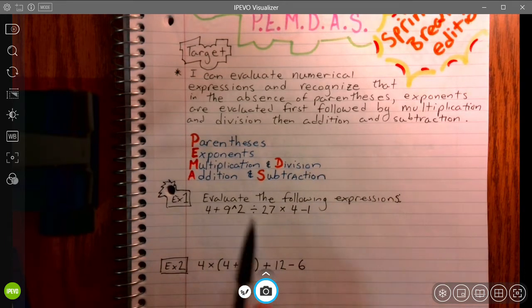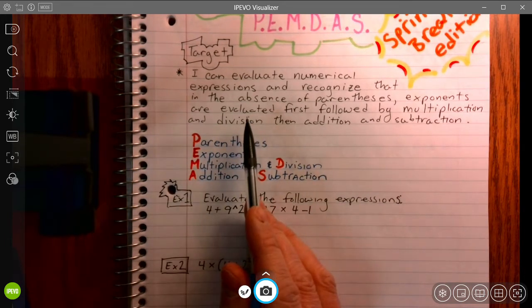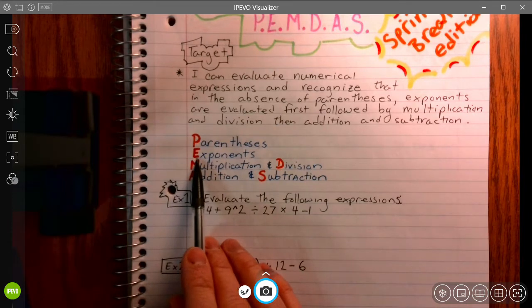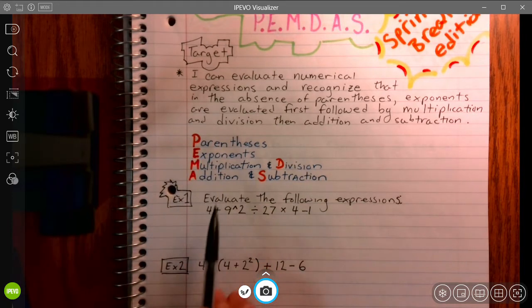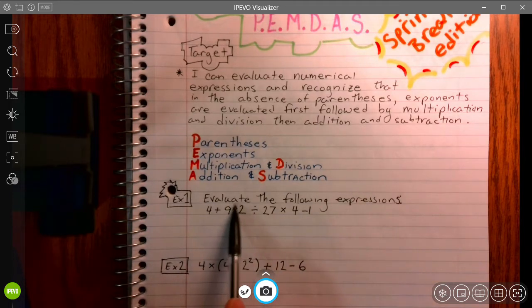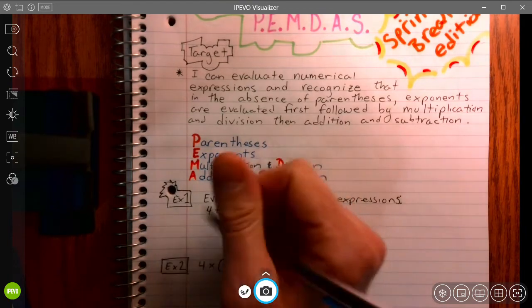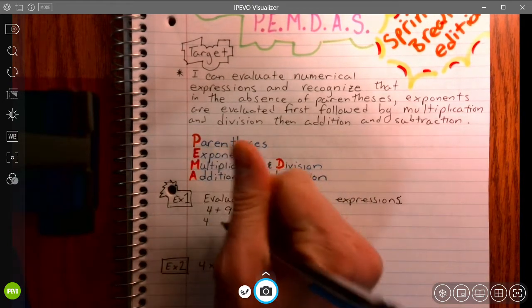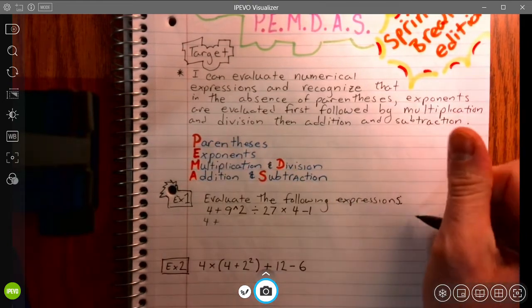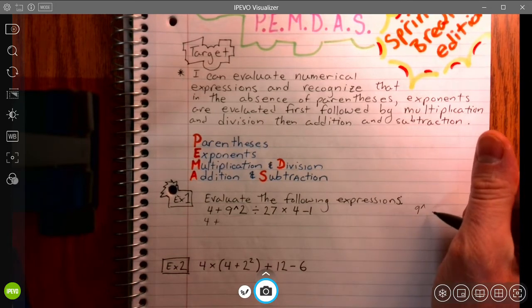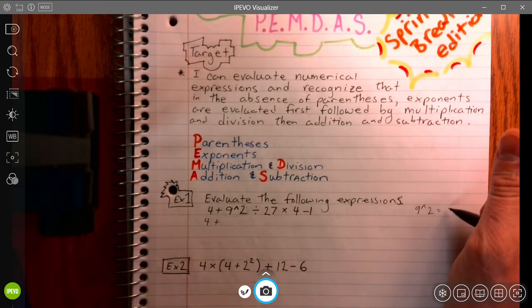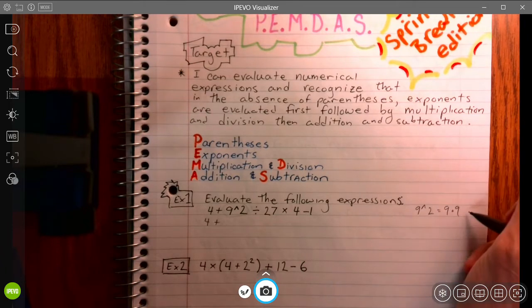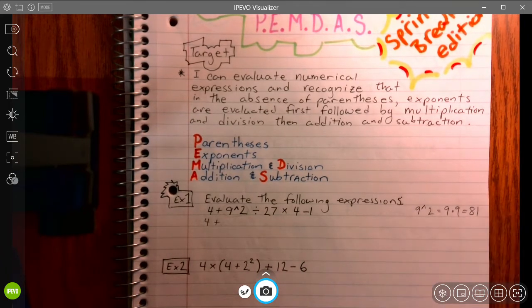No, so I can check that one off. Next, I'm going to read left to right and see if there are exponents. 4 plus 9 squared, yes, there are. There's my exponent right there, 9 raised to the second power. And 9 raised to the second power is equal to 9 times 9, which is 81.